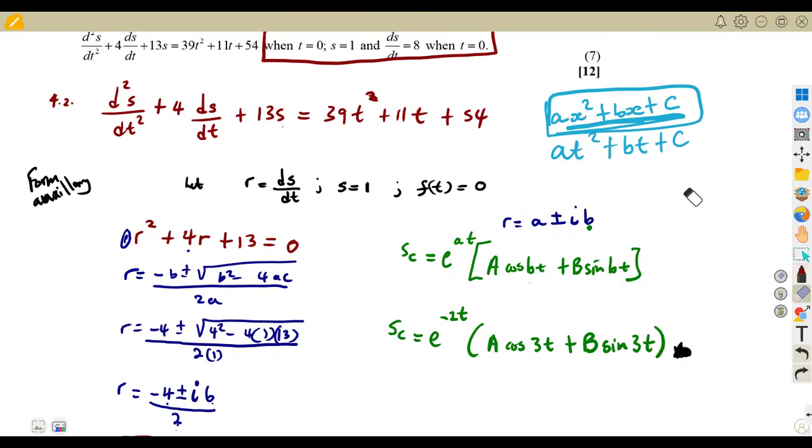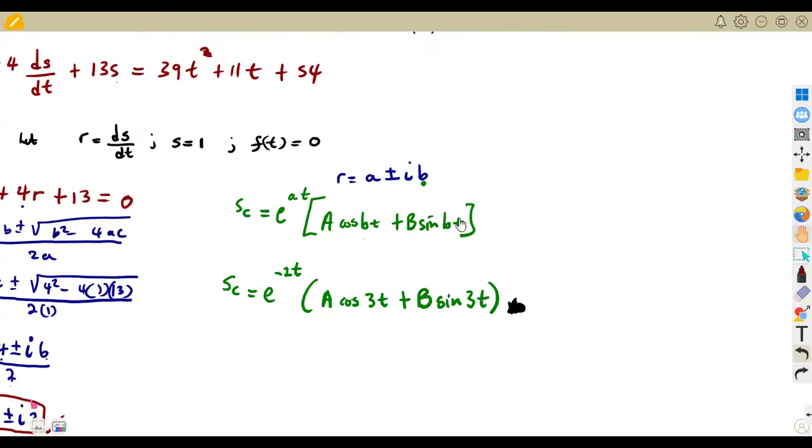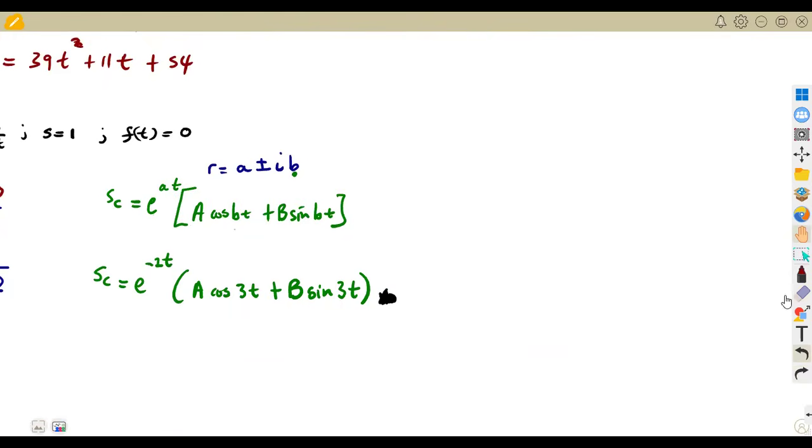So our particular integral yp is going to continue from c. Since it's a quadratic, it was supposed to be cx squared, but it's in terms of t. So it's going to be ct squared plus, we move on to the constant d, dt plus e.